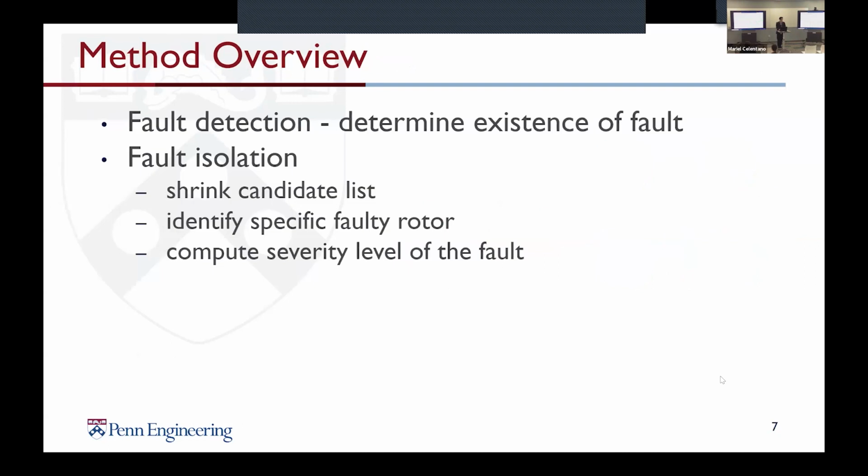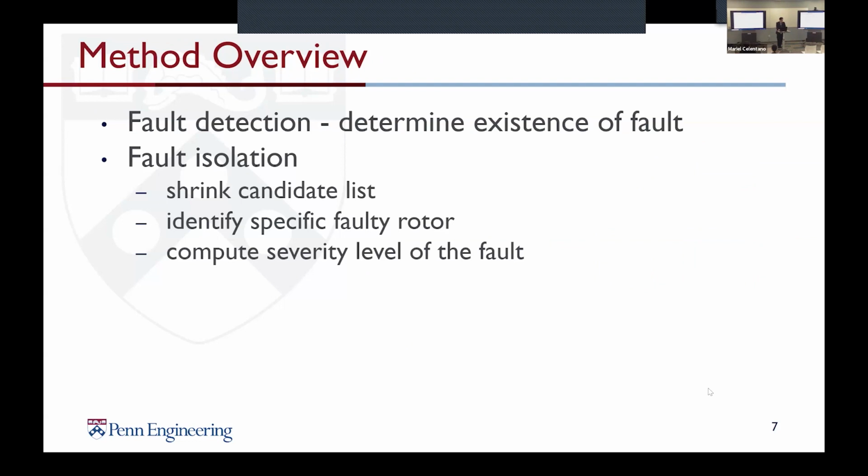And here is an overview of our method. It is composed of two components, and the first one is fault detection. It means we want to determine the existence of the fault, to see whether a fault is present. The second part is fault isolation. We already know the fault is here, and we want to shrink the candidate list, maybe from 6 to 3, and finally to 2 and 1.